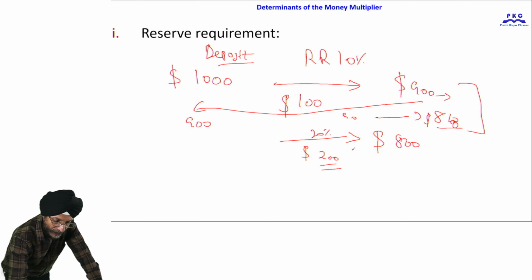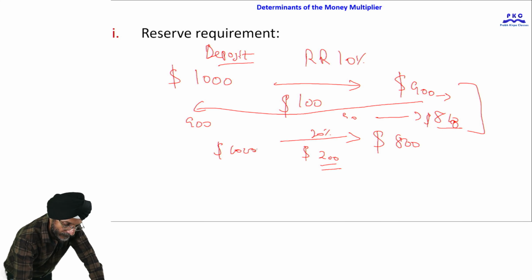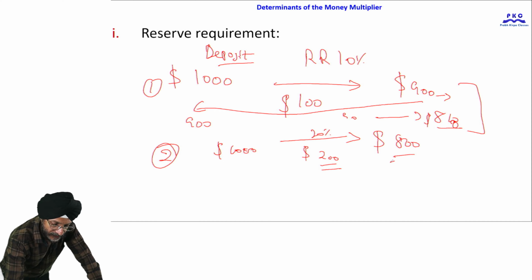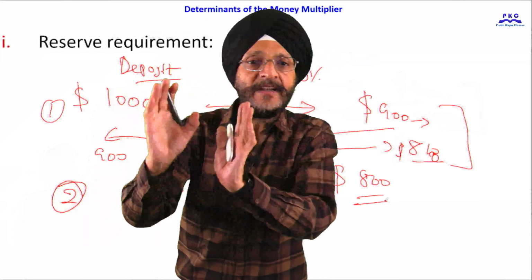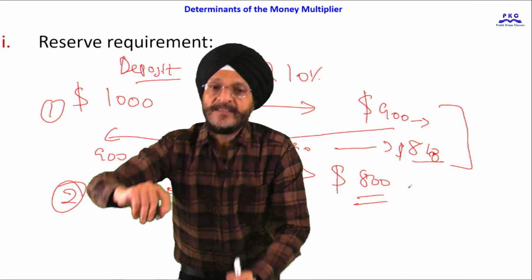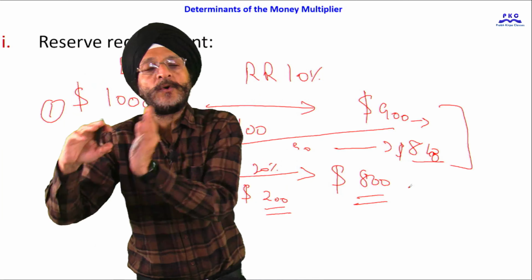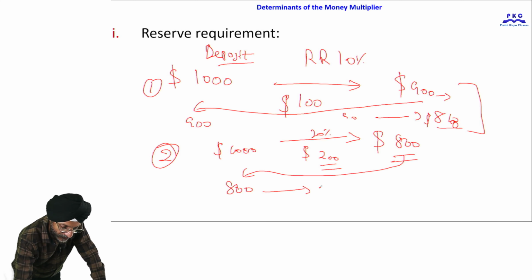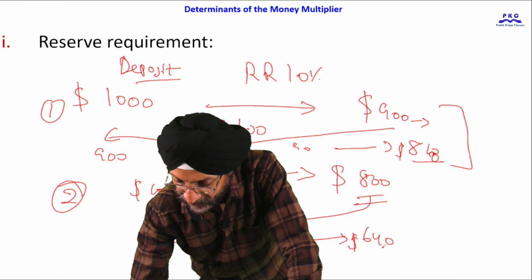But if the reserve requirement is more, the banks will be in a position to give only $800 as loan, and when this amount is spent by the recipient, it again gets deposited into the banking system, and after keeping 20%, the balance amount of $640 will be available as loan in the second case.